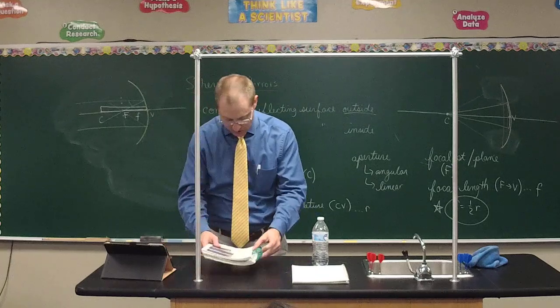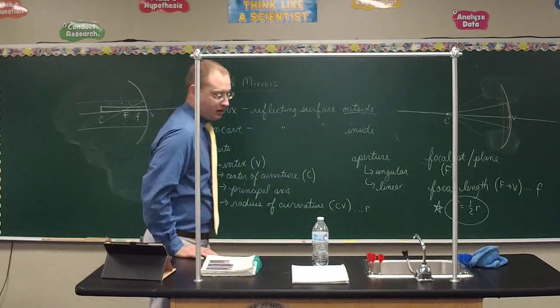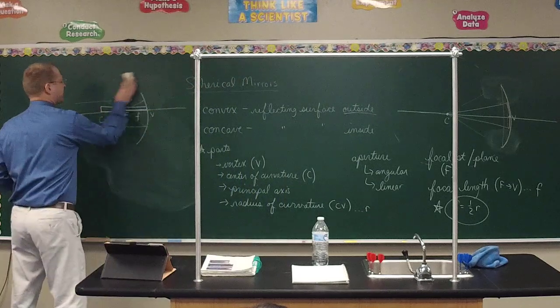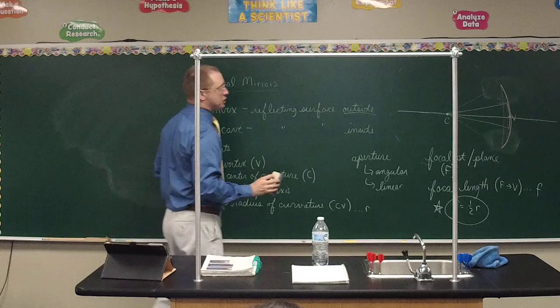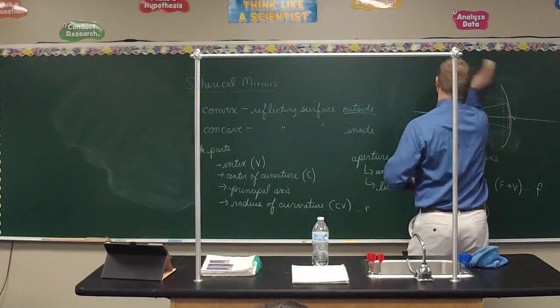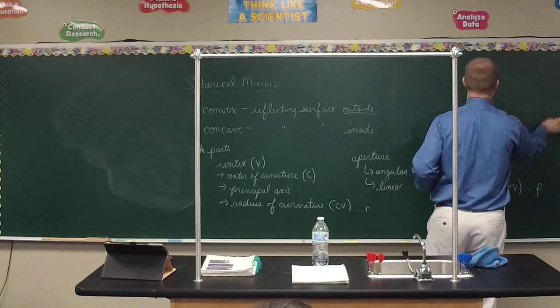A ray diagram is simply a picture, or a sketch, if you will. Maybe sketch is a better word for it. A sketch that uses three principal rays to determine the size and location of an image.